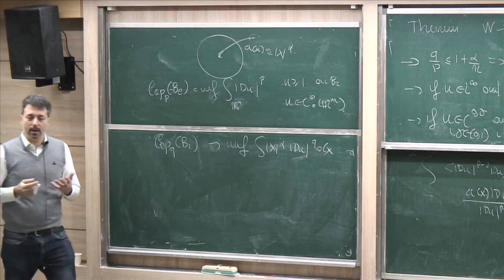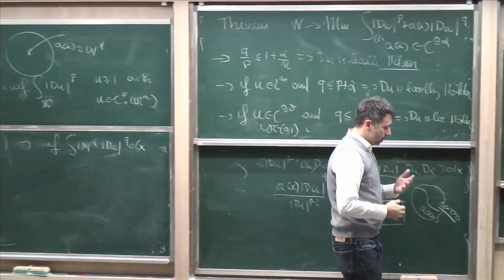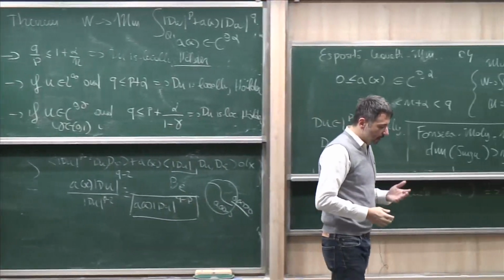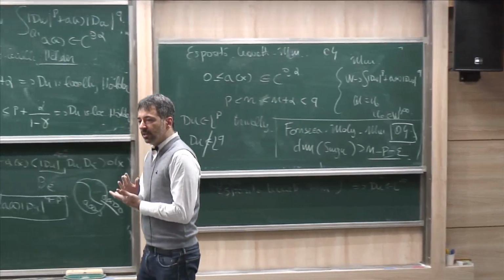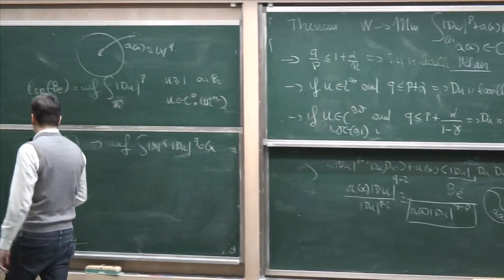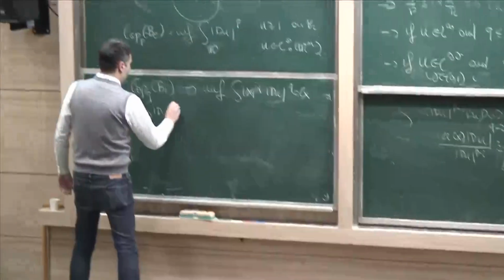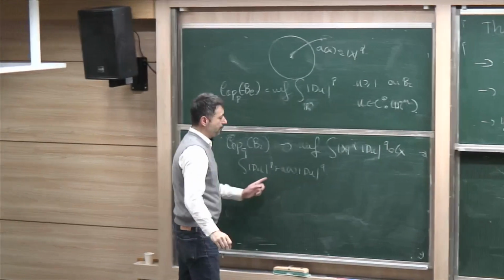Now, the capacity is really the object that regulates, in some sense, elliptic problems, because the removability of singularity is measured through capacity. It regulates the rigidity of the problem. Now, in the functional, you have two objects appearing.